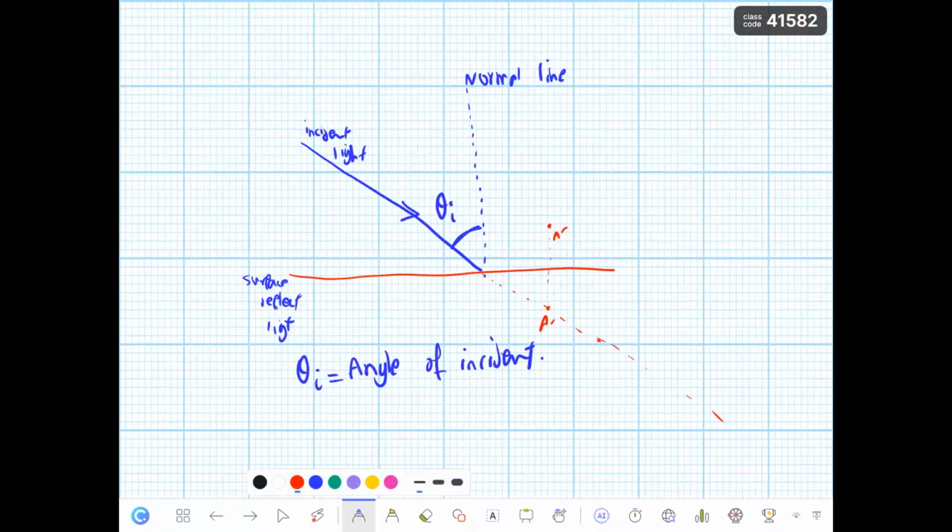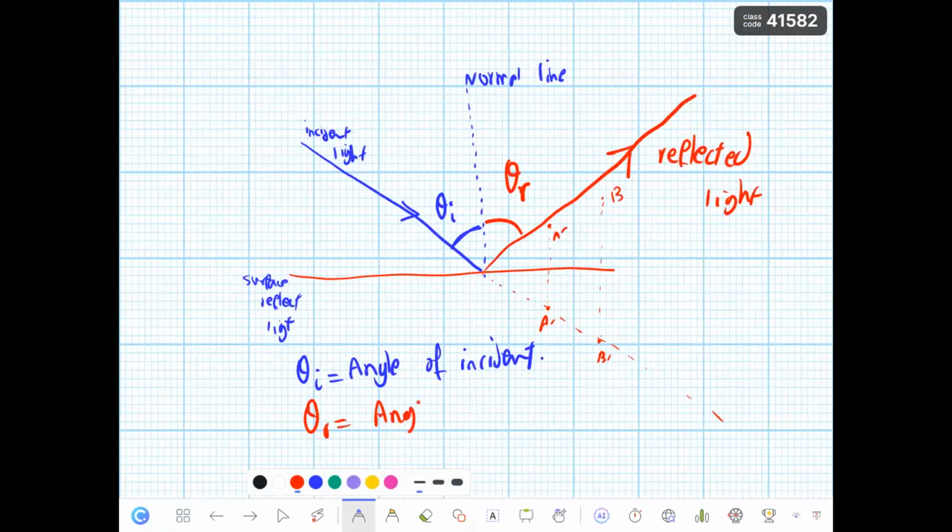If this is B prime, I just draw B here. When I connect these, this is going to be the reflected light. So I call it reflected light. And I call this angle theta r, or angle of reflection.